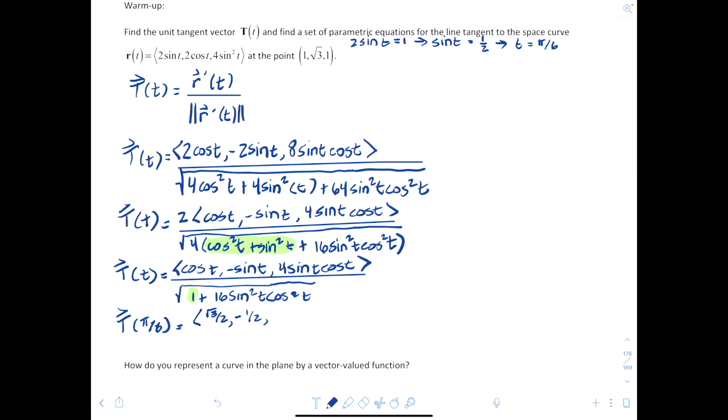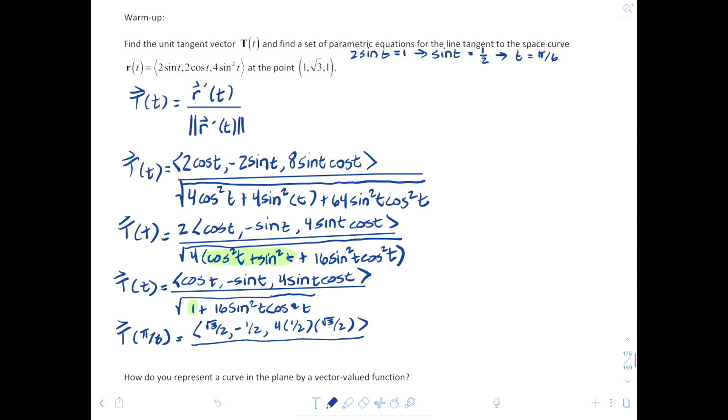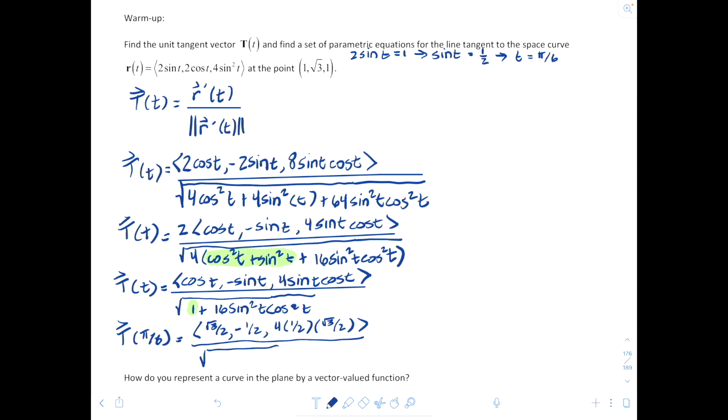And then we'll have 4 times 1/2 times root 3 over 2. And that will be over the square root of 1 plus 16 times sine at pi over 6 is a half, and then you square that and you get a quarter. And then cosine at pi over 6 is root 3 over 2, and when we square that, we'll get 3/4.